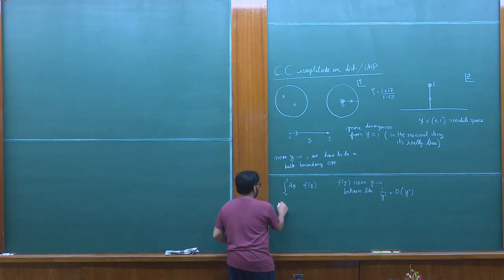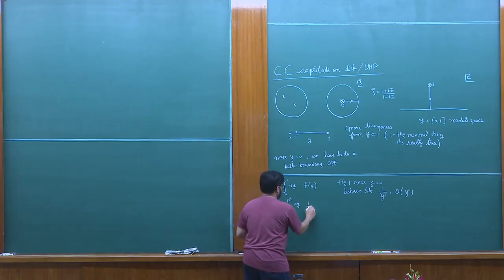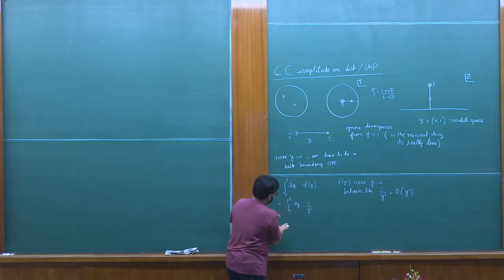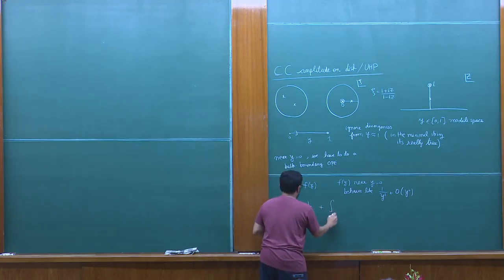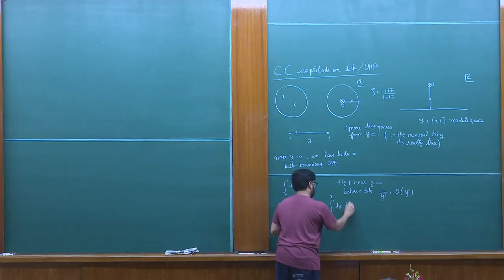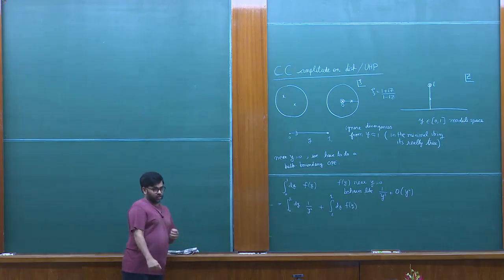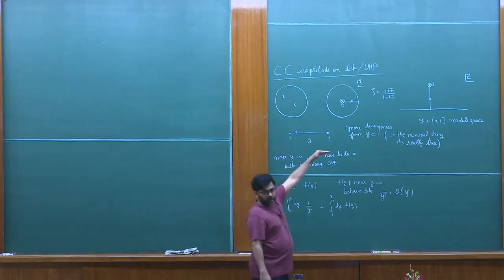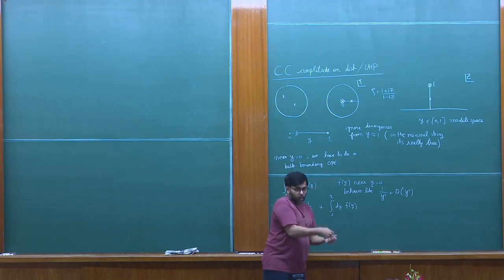The way we will deal with this is to split this integral from 0 to epsilon, where we can write dy times 1 over y squared because this expansion is accurate in this interval, plus the integral from epsilon to 1 of dy f of y. This is the term in the OPE due to the open string tachyon, yes. So this bulk operator, whatever it is, when it goes near the boundary, produces an open string tachyon.